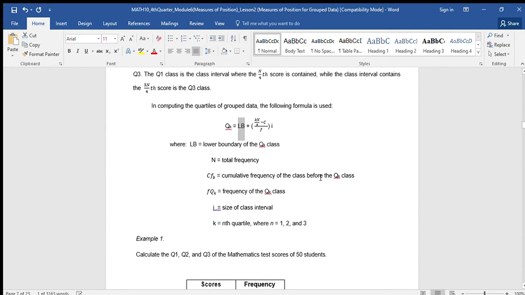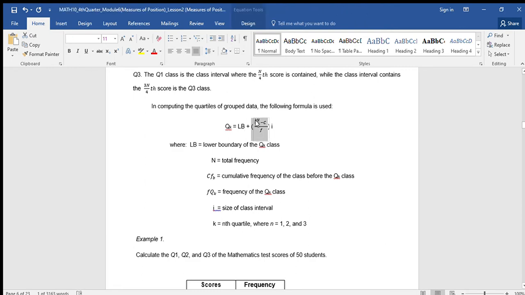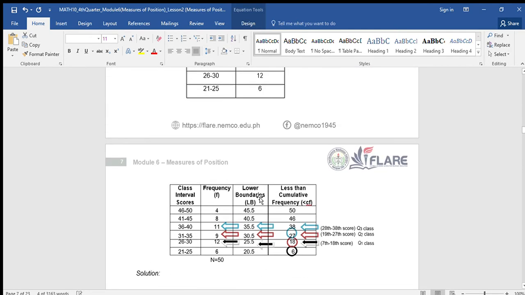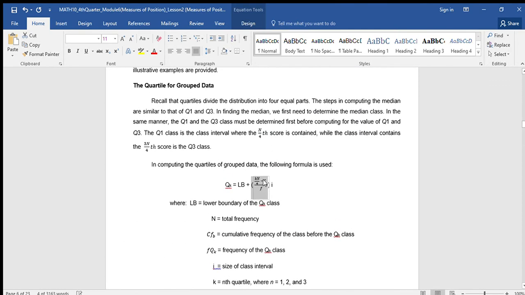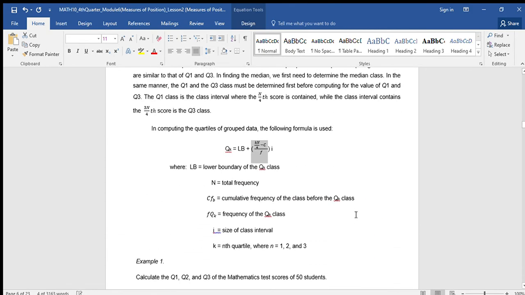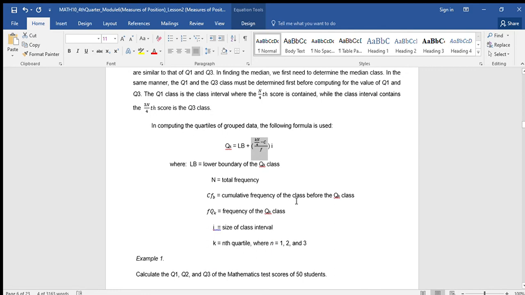Sunod, okay, kinsa may sunod? Si kN over 4 na naman. Pila ni? 12.5. Sunod sa formula, si C. Kinsa man si C? Cumulative frequency of the class before the Qk class.